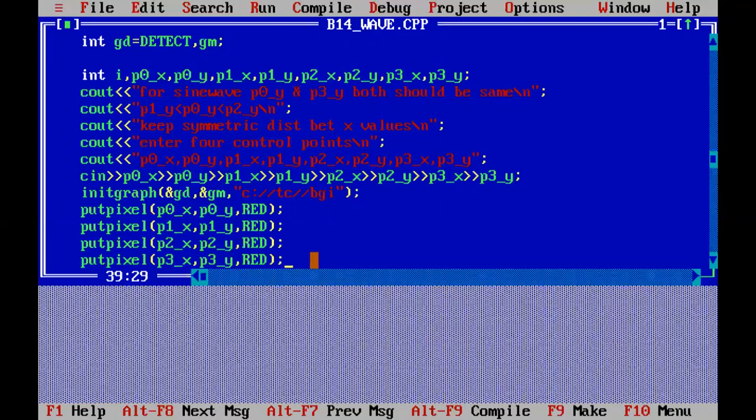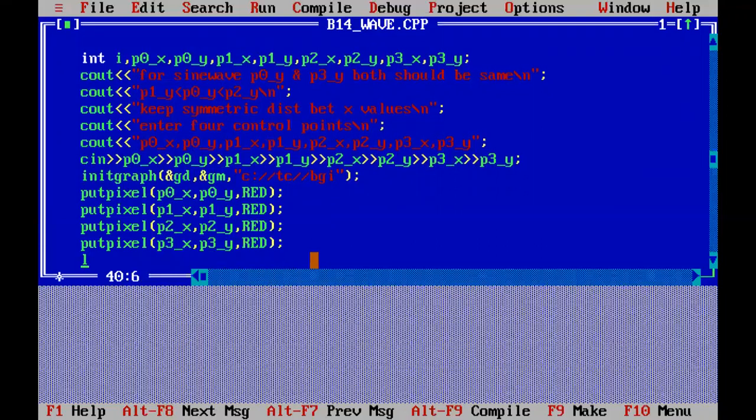So we can draw the line by using the built-in line function.